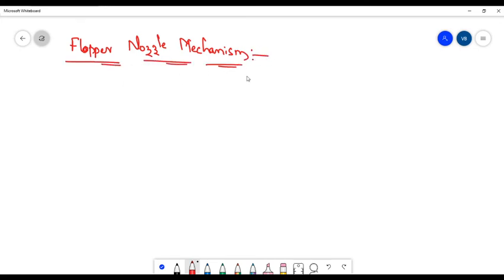This also comes under the pneumatic to electrical converter. That is, we can use this same principle in a pressure to current converter or a current to pressure converter. The current to pressure converter is also called an electrical to pneumatic converter, where E stands for electrical and P stands for pneumatic.